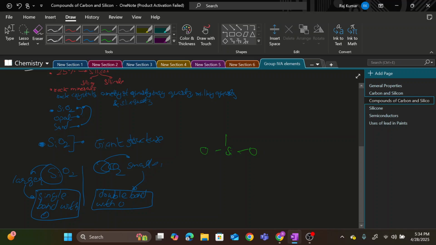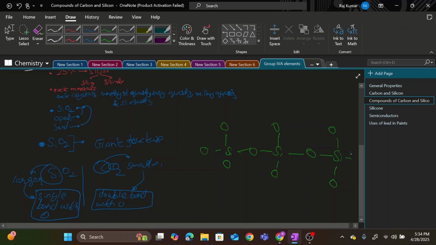And each oxygen atom is surrounded by two silicon atoms. So this is how the entire structure of silicon dioxide works.